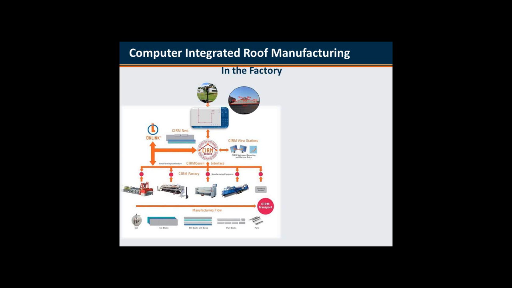We have shearing operations. There are folders like down here that create different trim pieces and so forth. And the system essentially manages the manufacturing flow, even to the point where we're shipping the products out to the customer. The only piece missing from this is the as-built dimensions.